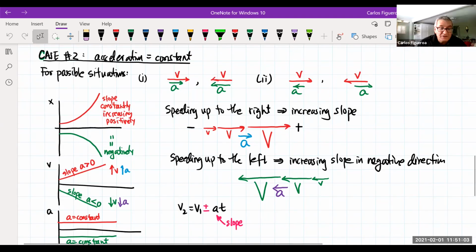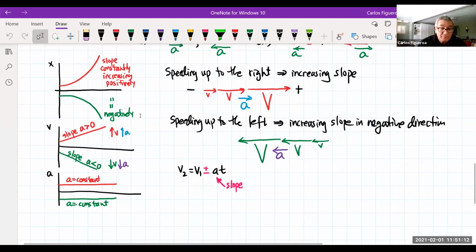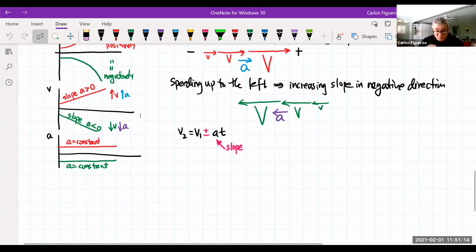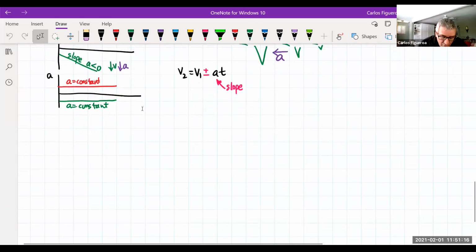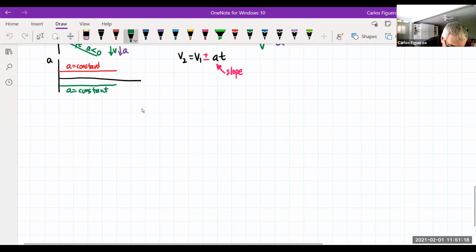Okay, so we've talked about speeding up. Let's talk about slowing down now. So here we go. In this case, I need to draw 3 more curves. So let me draw them.